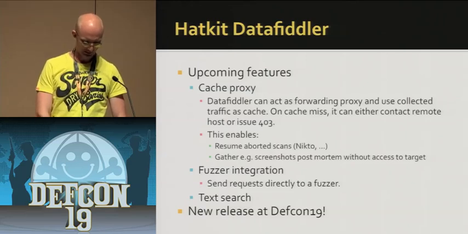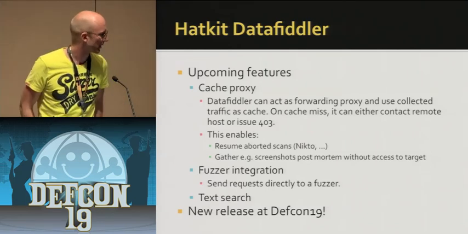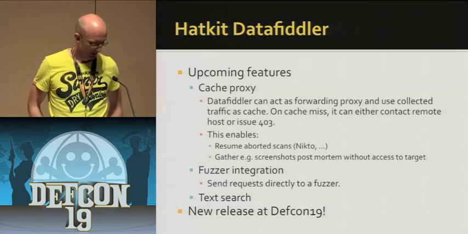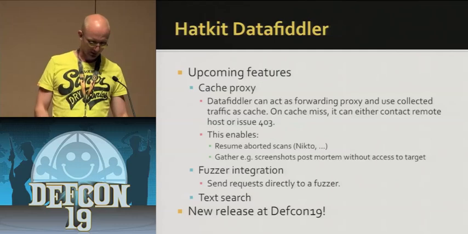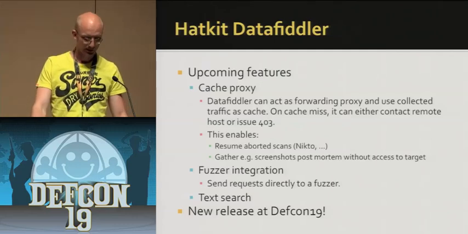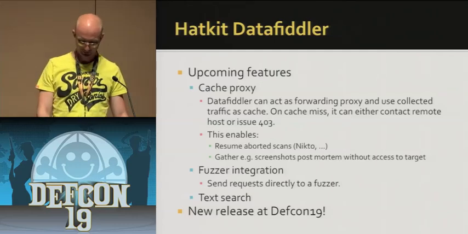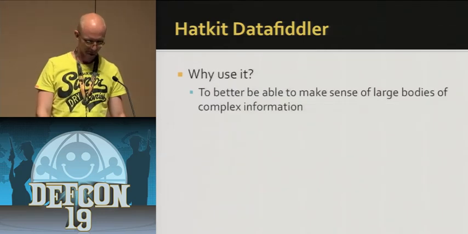We're planning to add some more advanced text search capabilities, either by Pylucene or Whoosh. And as already mentioned, there was a new release earlier this week, both for the proxy and the Datafiddler, containing all this stuff I'm talking about.